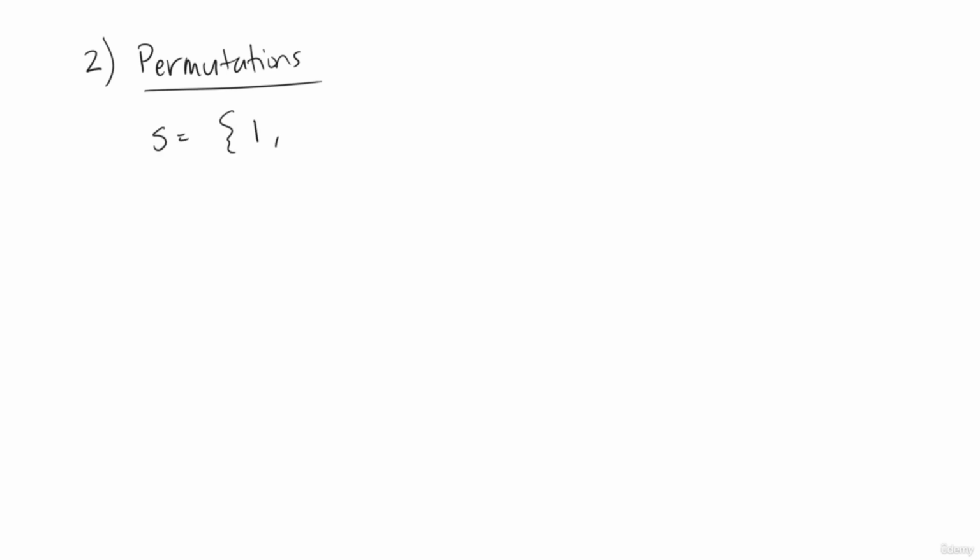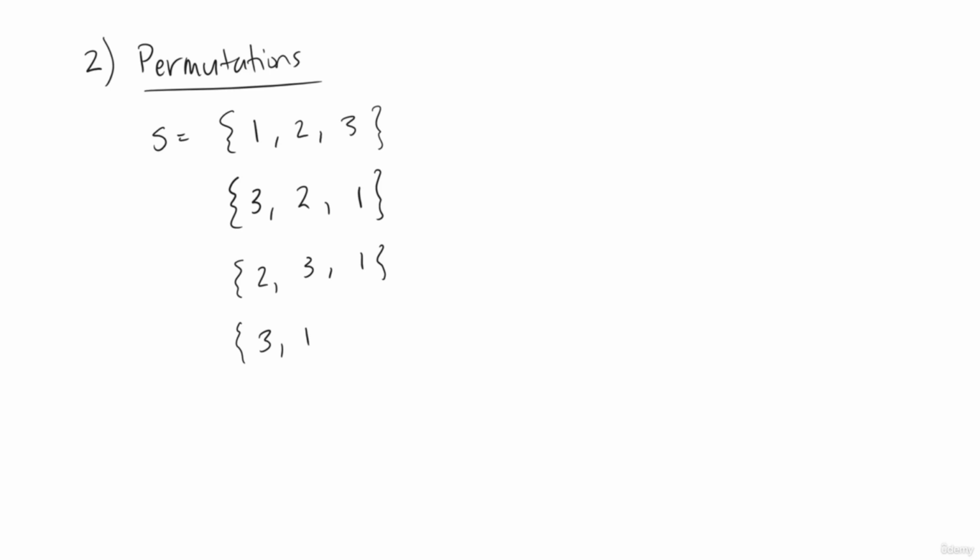Let's just imagine I have these sets of numbers. A permutation is a specific ordering of these sets of numbers. And 1, 2, 3 is its sorted order, and that is actually a permutation. But also 3, 2, 1 is a permutation. 2, 3, 1 is a permutation.